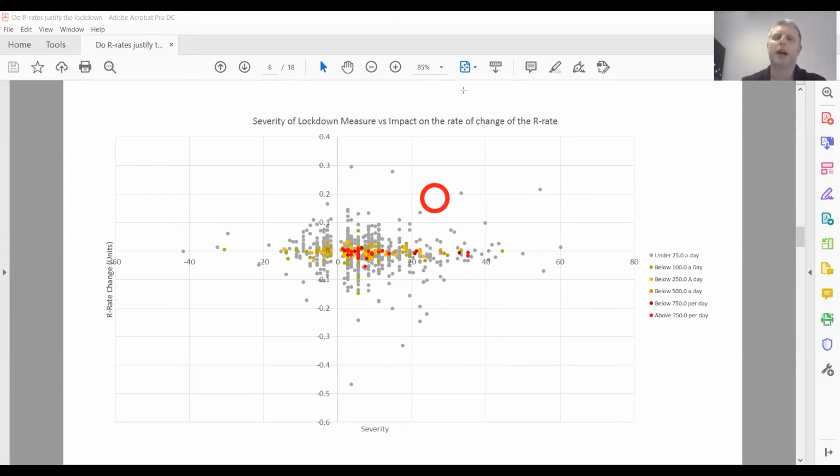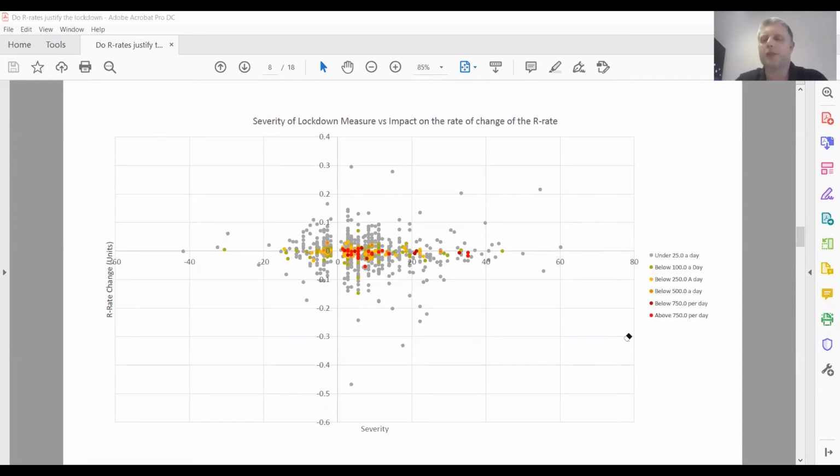So that's the amount of R rate change, and on the other side you've got the severity. The horizontal is the severity change. So what's this axis here? That's severity. Severity is what's calculated by Oxford University, and they do it by looking at each individual measure on those 8 dimensions.